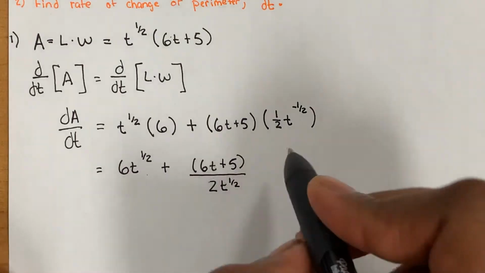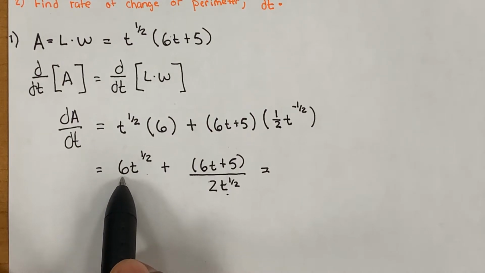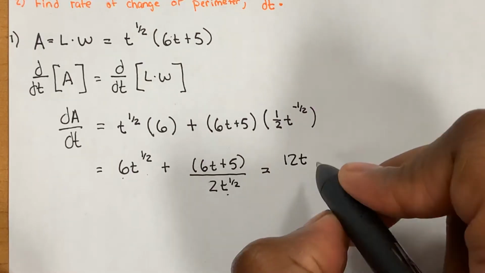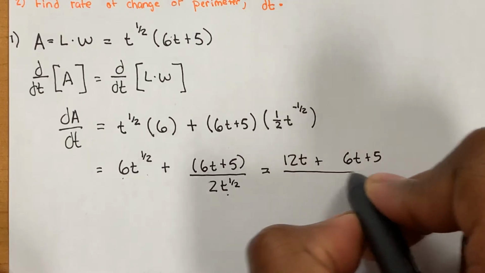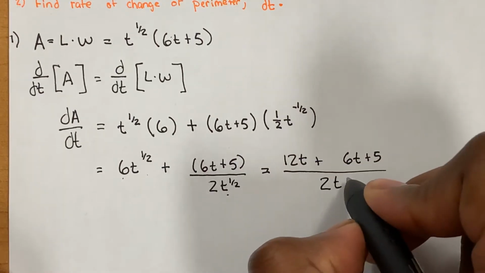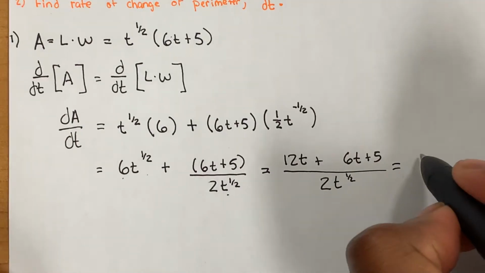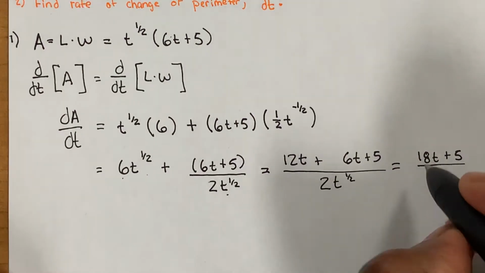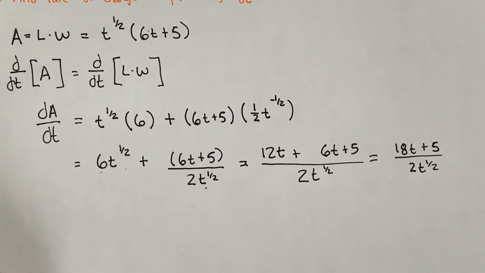And if we wanted to fully simplify this, we have a common denominator of 2t to the 1/2, meaning we need to multiply this by 2t to the 1/2, which will give us 12t plus 6t plus 5, and all of this is over 2t to the 1/2. So finally simplified, that's 18t plus 5 over 2t to the 1/2. That is the rate of change of the area.